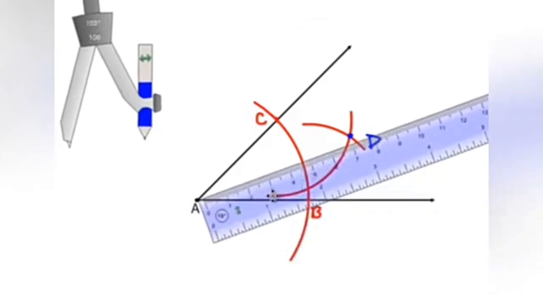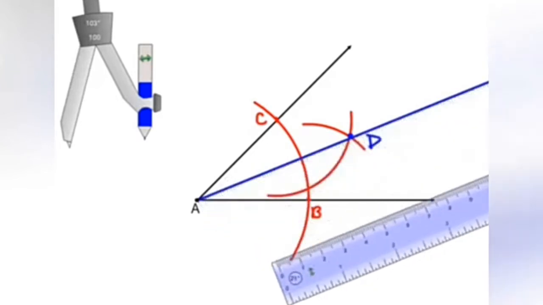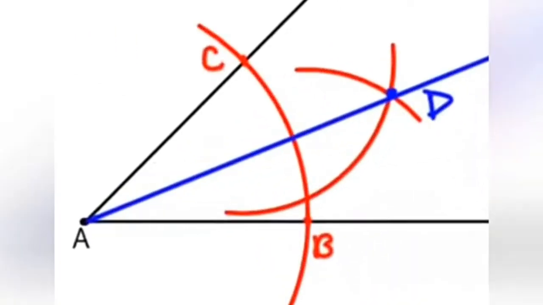Use your straight edge to join point A and point D. So doing that, you have that. So now you have successfully divided the angle BAC into two equal parts.